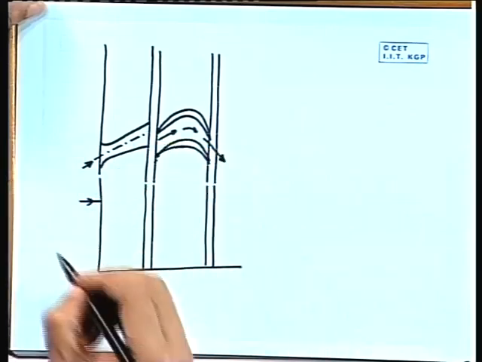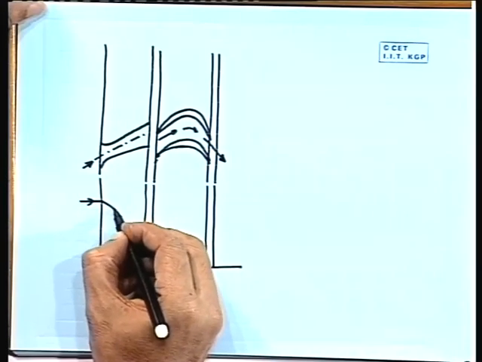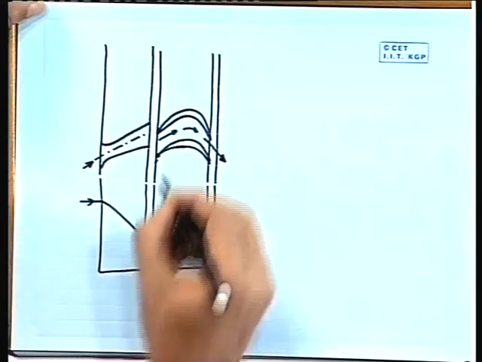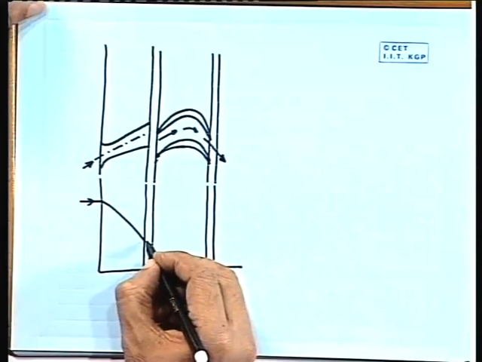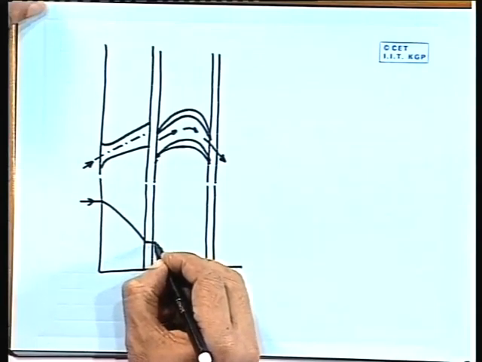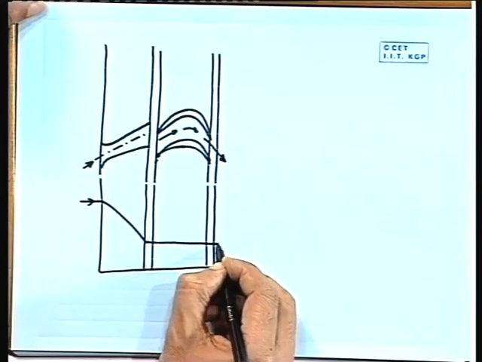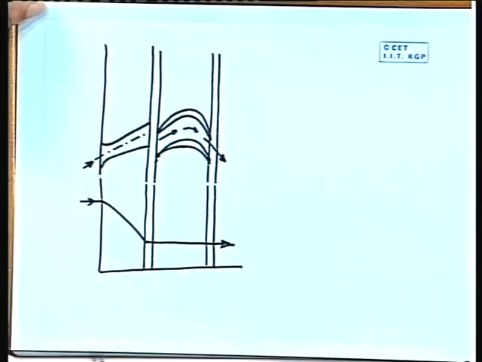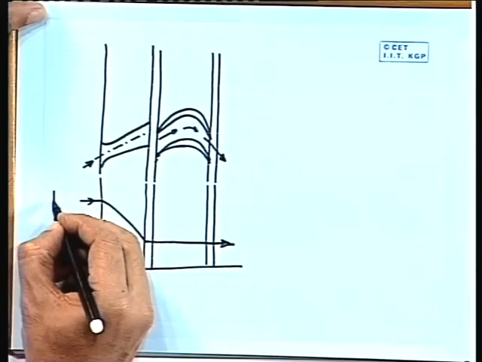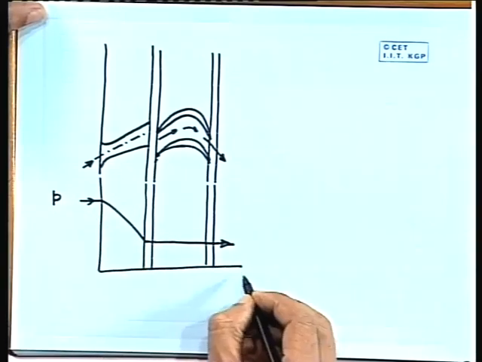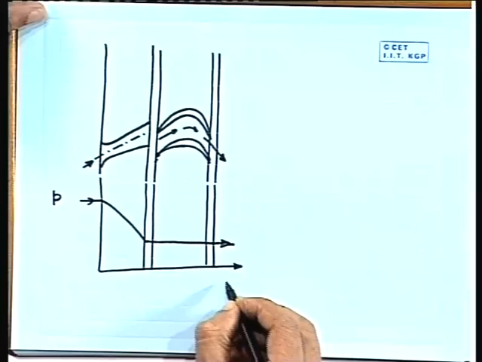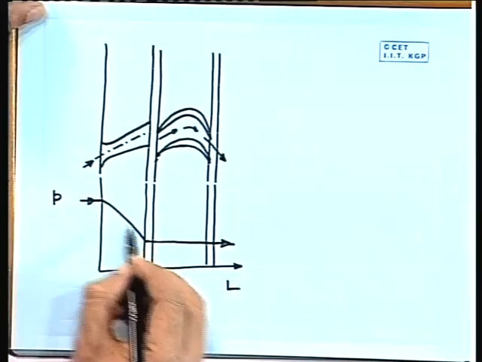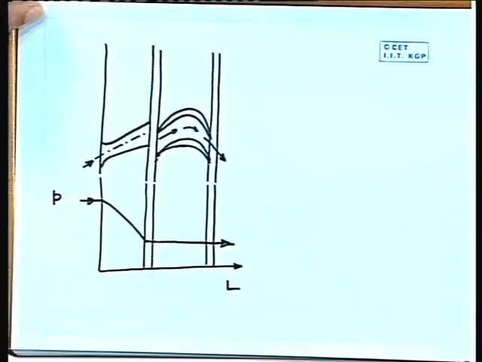As it passes through this nozzle, there will be a fall in pressure. After that, it is passing through the blade passage. In an impulse turbine, there is no change of pressure when the steam passes through the impulse blading. So, if I call this P, and this is the length direction L, the pressure change can be represented like this.